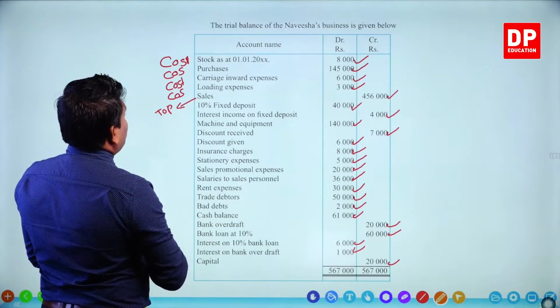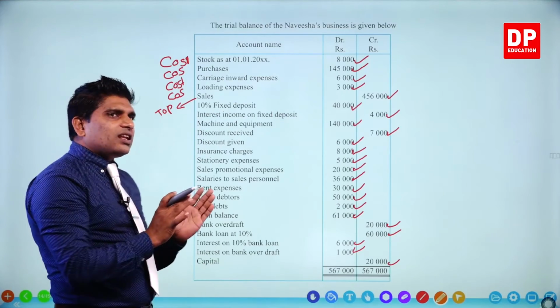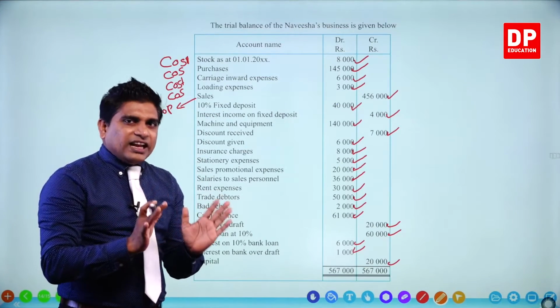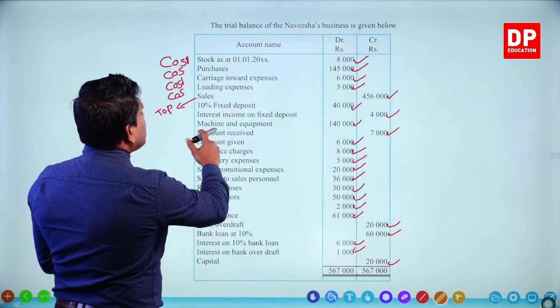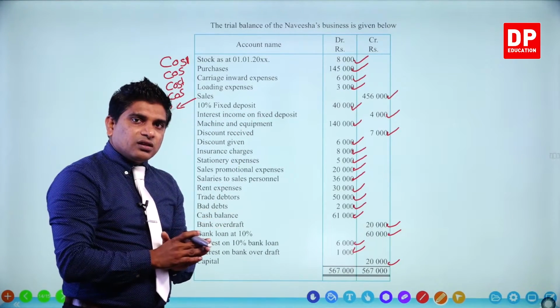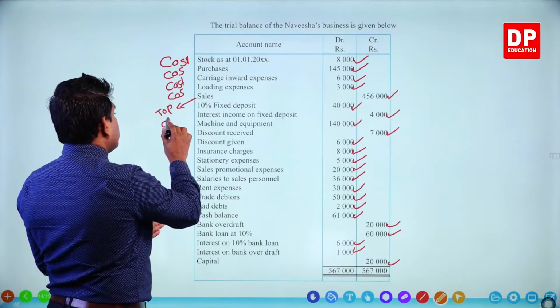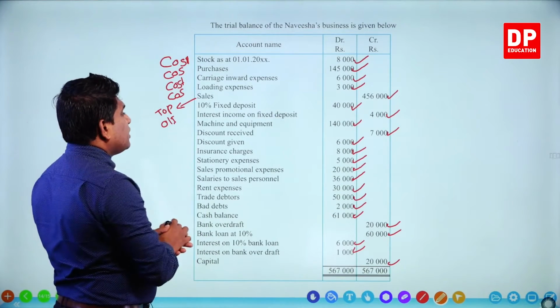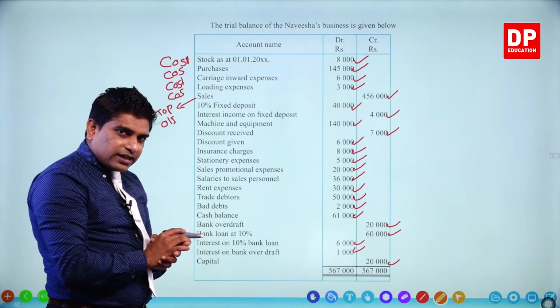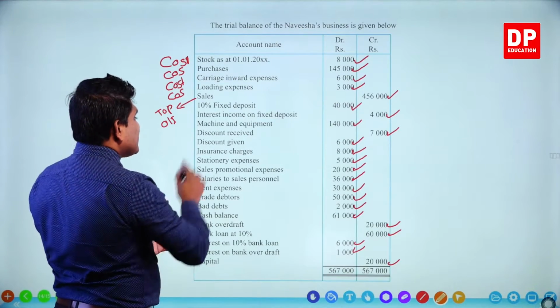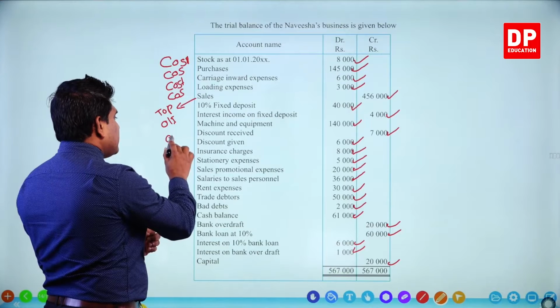Then fixed deposit. Fixed deposit is just an asset, so we neglect it. Then interest income on fixed deposit, where we write other income, after the gross profit. Machine and equipment, do you take? No, it's an asset. Discount received, other income.